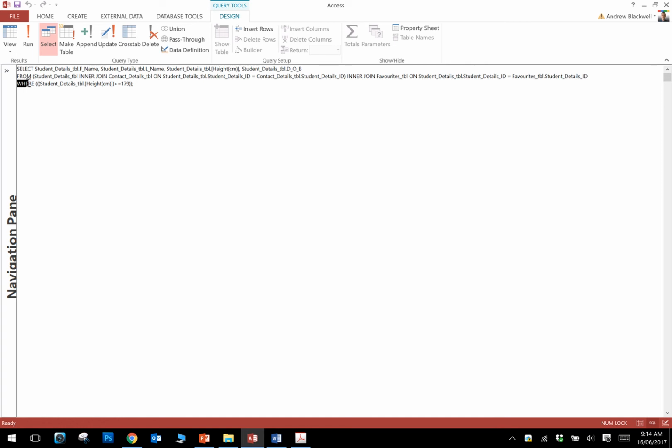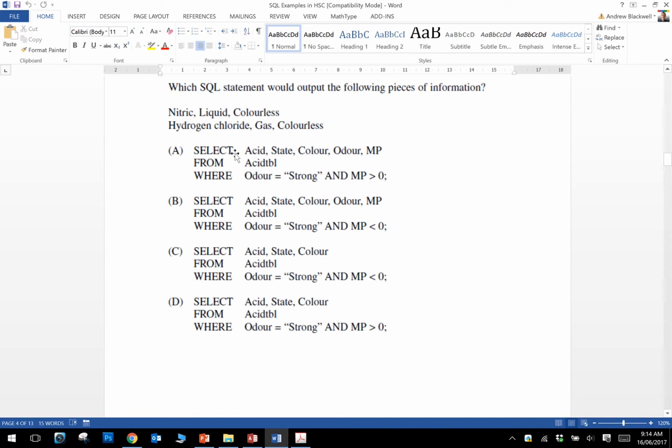And the where is the criteria. And it says from the student details table, at the height one, we want it to be greater than or equal to 179. Now, if we go back to that HSC question, we can see that it says select. These are the fields, so they're the headings at the top of the table. This is the table. See, it even says acid TBL. Well, TBL is the table. And where is the category or the criteria of what we're searching for?